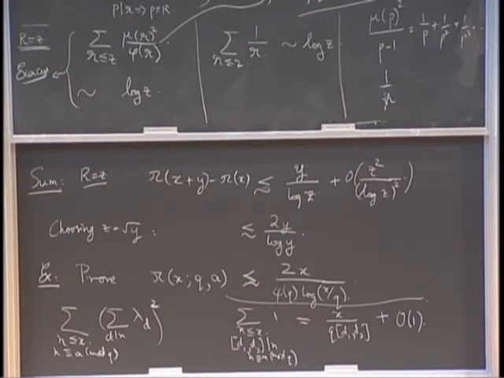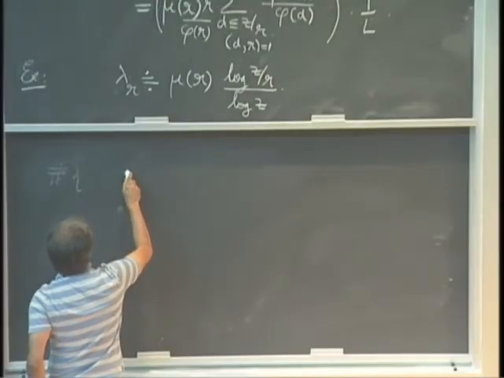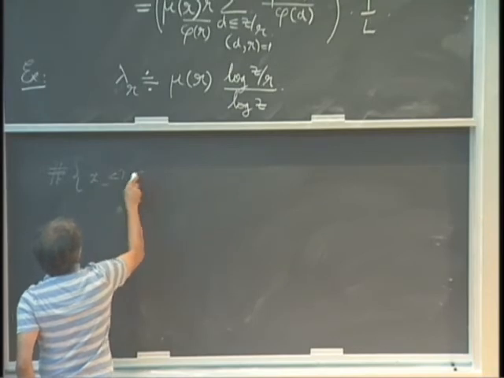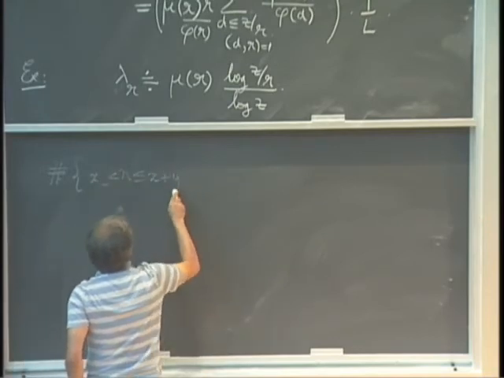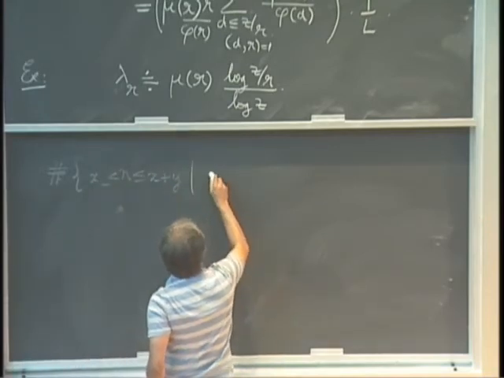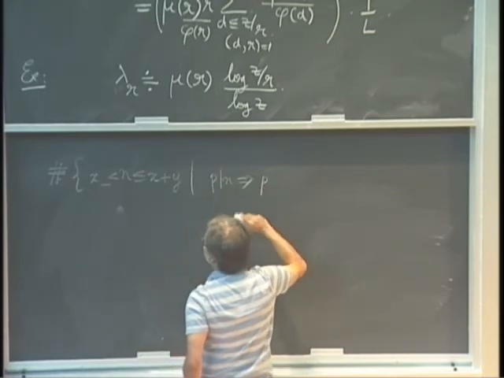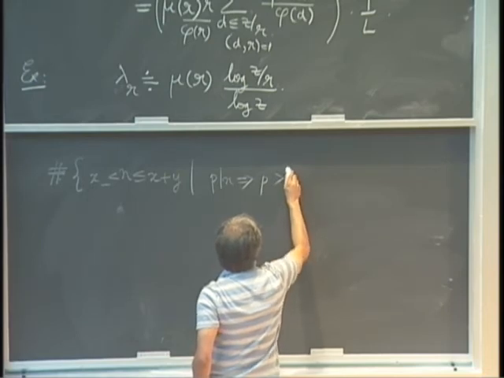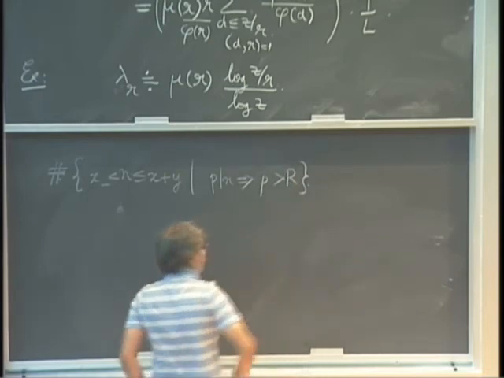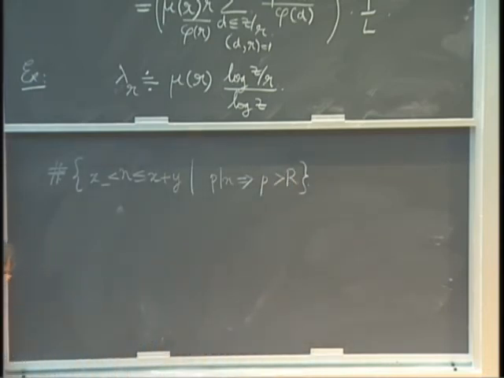What this capital R allows me to do is, I'm not just counting the number of primes in an interval, I'm really able to count the number of integers between x and x plus y, with all the prime factors of n being bigger than R, right? I've sieved out all the prime factors up to capital R.